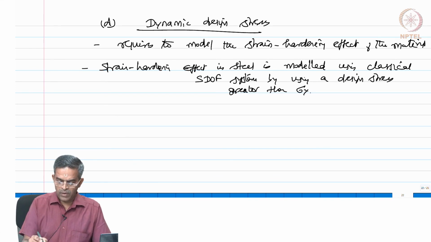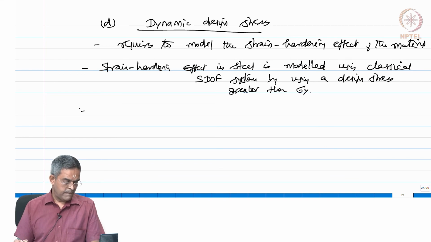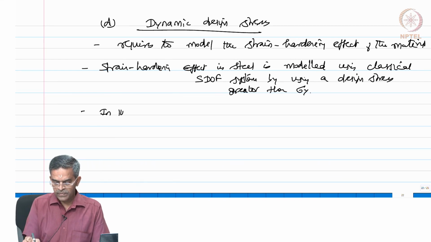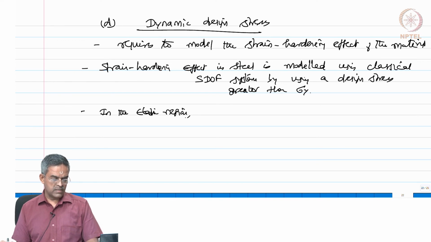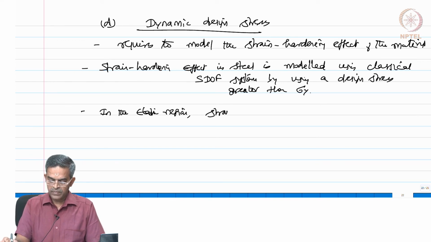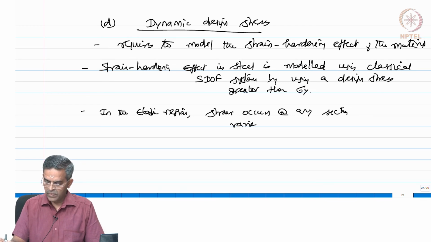During the dynamic response, the stress level of critical sections vary with strain of the section, we all know that. So, in the elastic region, strain at any section varies with its location from the neutral axis.